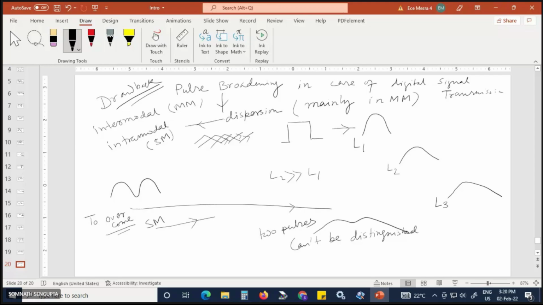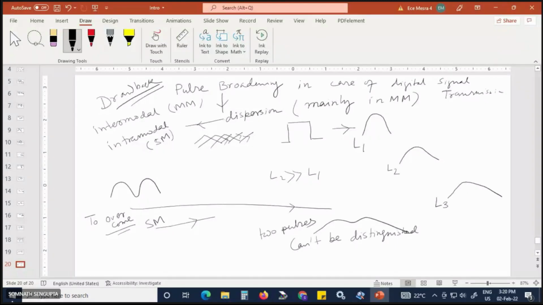Due to that, intramodal dispersion or pulse broadening may take place, but it is much less significant. But in case of intermodal, it is severe, and it occurs in multimode fiber.